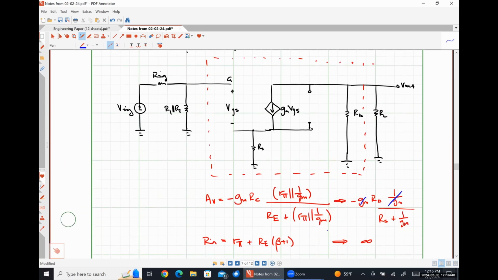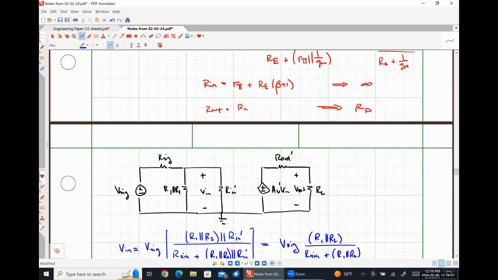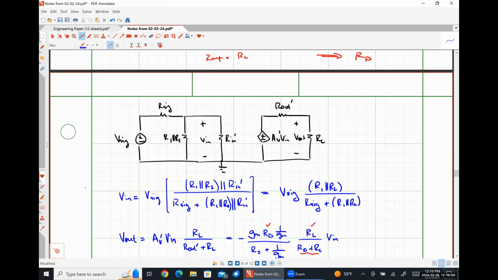So what I boxed in red here is just the transistor amplifier portion. Okay? These quantities that I detailed in red are just for what's inside the box. And then we use those in this relation, right?